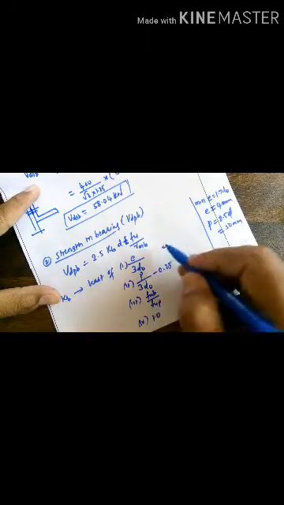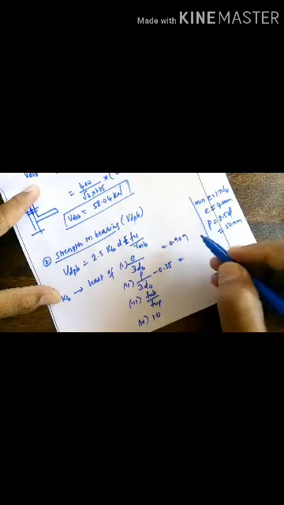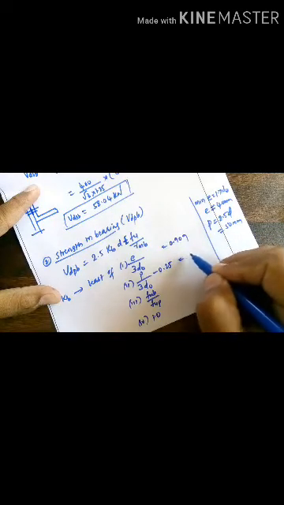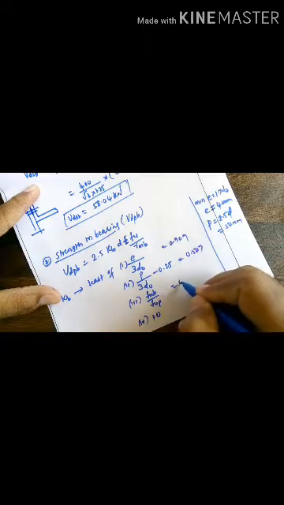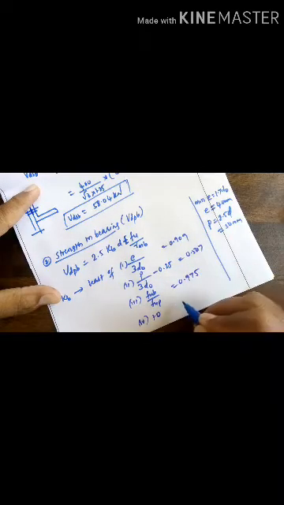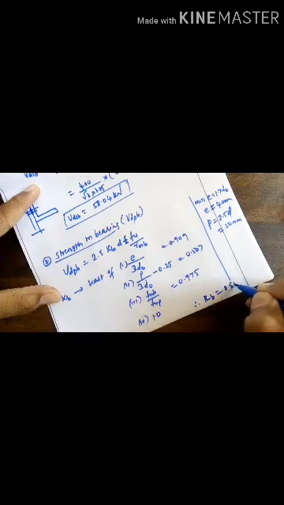You will be getting the first value 0.99, then 0.507, then 0.975. Then the least value will be kb, therefore kb equal to 0.507.